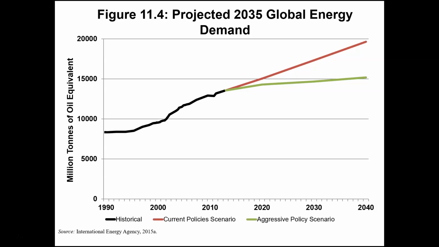And then the red line shows how it would be expected to continue to grow if we keep policies the way they are now. But if we try to reduce global energy demand or shift demand, increase technology so that we don't need as much energy to produce the things that we produce, and shift demand toward renewable resources, those sorts of things, under an aggressive policy scenario we could see demand for global energy follow the green line instead of the red line.